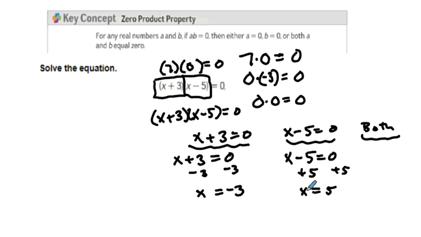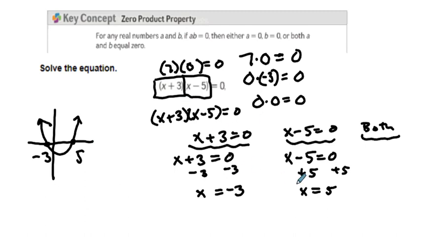This makes sense because we're talking about something that looks like this, and it goes through the graph. According to this, it goes through the graph at -3 and 5, if you remember that from graphing. And so factoring it and doing this is a much faster way to get this information.